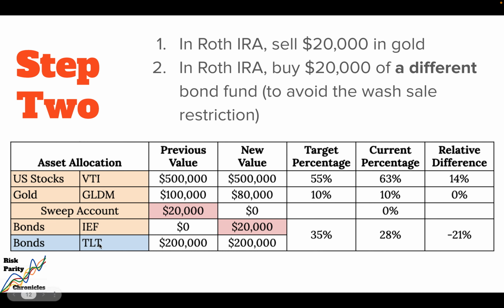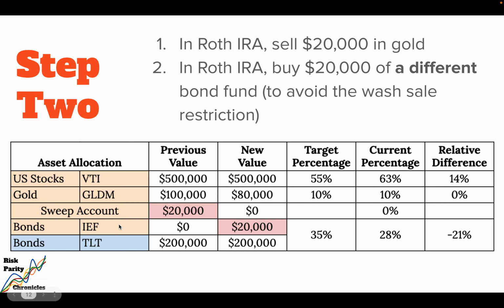As you'll notice here, I have long-term bonds, TLT, in my brokerage account, and I'm going to buy intermediate term bonds within this Roth IRA. The long-term bonds are durations of 20 years or so, and the intermediate term bonds are 5, 7, 10 years, around there.